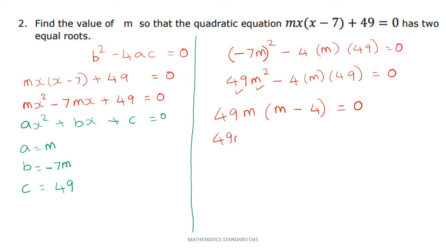So 49m equal to 0, or m minus 4 equal to 0. So if I find the m value, that is 0 and m equal to 4. So I have two roots here.